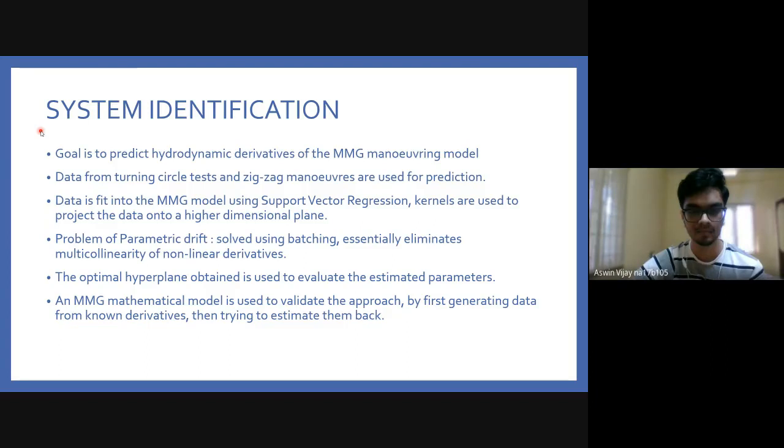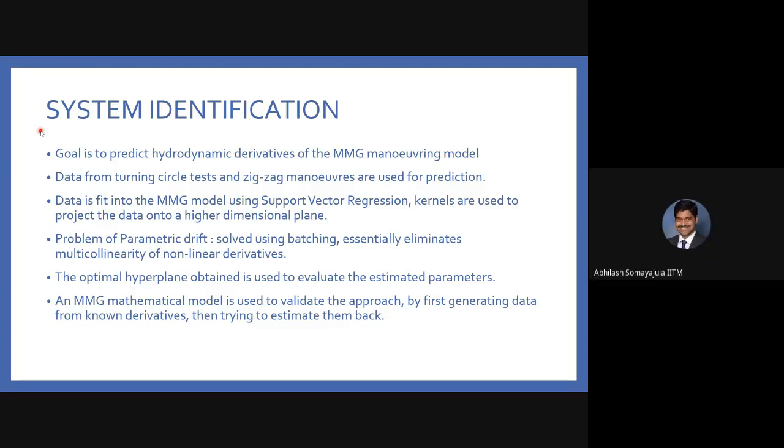What is your input to your SVM and what is your output which you're trying to get? The input here is the trajectories of the motion and the rudder angle, how you are varying it. Those are your input to your model here. And out of that data, you're trying to predict what are the hydrodynamic coefficients.